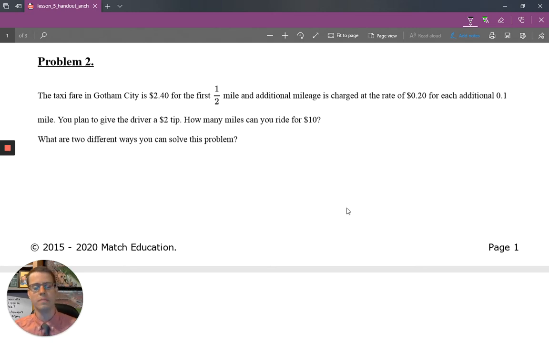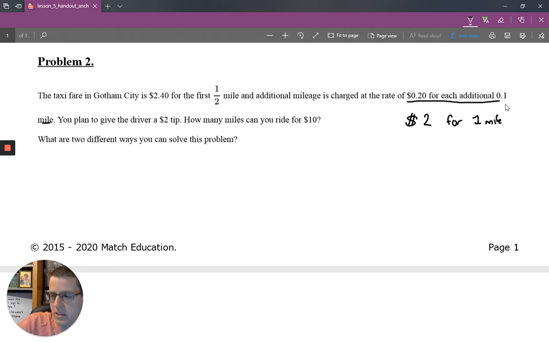Yikes. Well, let's look at what's given here. For this 20 cents for each additional 10th mile, that's kind of a complicated thing. We're looking at how many miles. Well, let me ask you this. If it's 20 cents for 1/10 of a mile, if I multiply that by 10, that would be $2 for 1 mile.